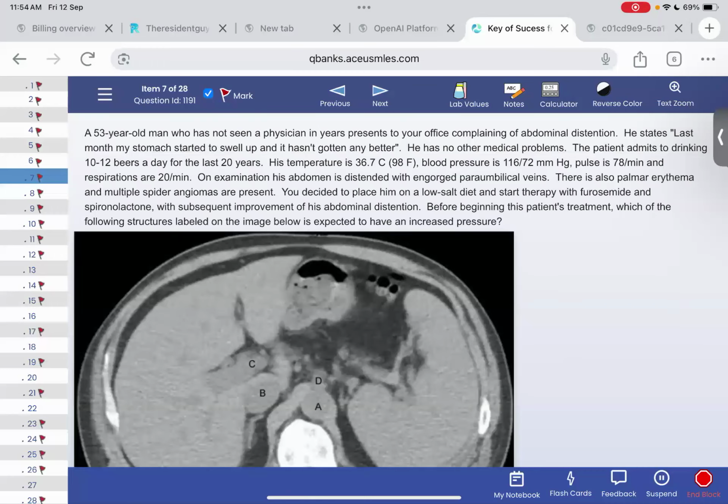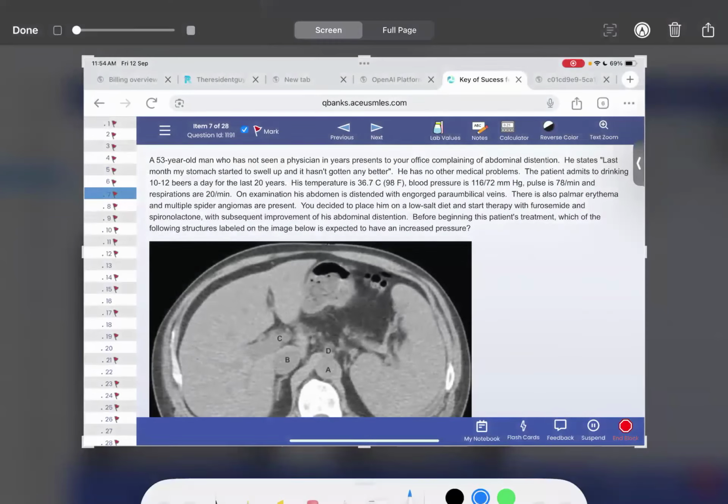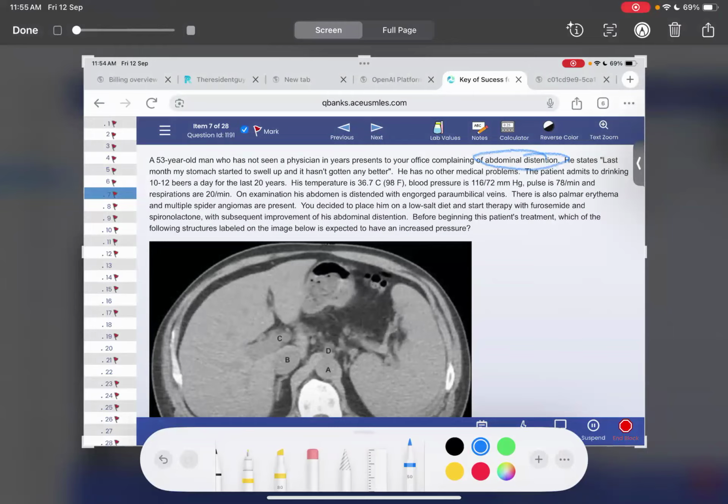What do you think is going on? It's liver cirrhosis. Yeah, it is liver cirrhosis. Perfect. It is a typical case of liver cirrhosis in which you will have abdominal distension, a history of beer, engorged para-umbilical veins, palmar erythema, and spider angiomas.